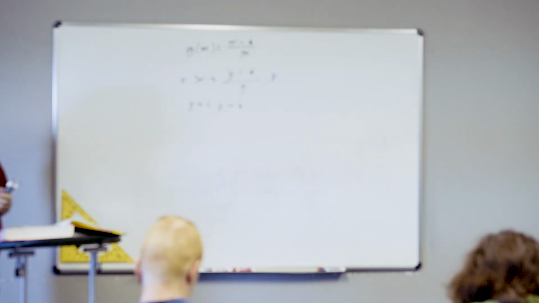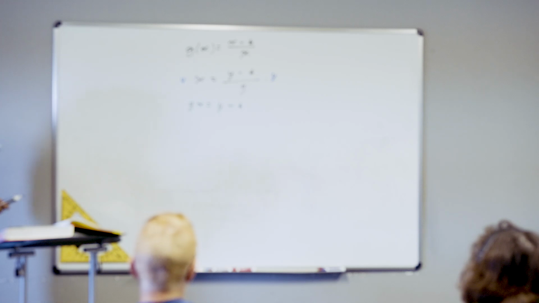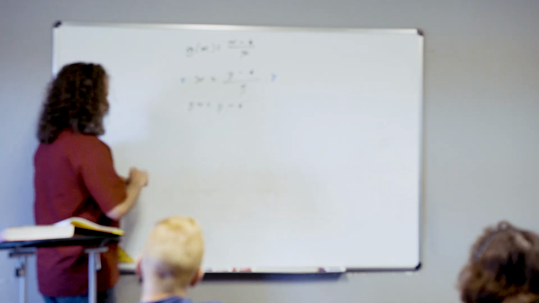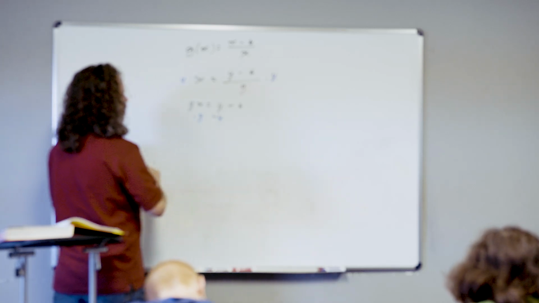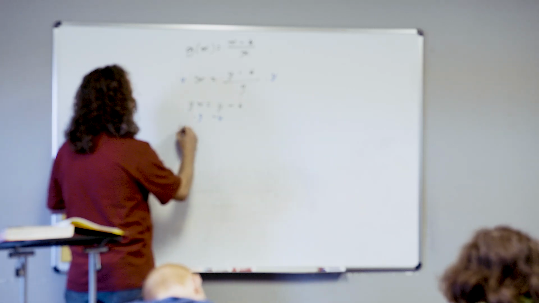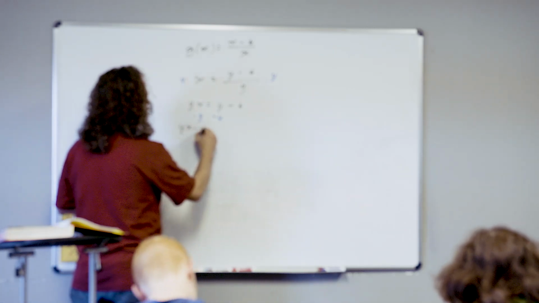We want to get the other y on this side, right? We want both of the y's on one side. So we're going to subtract off this one, right? So yx minus y equals -6.